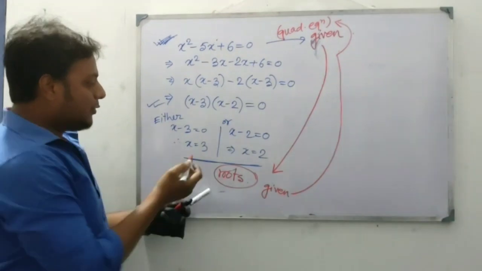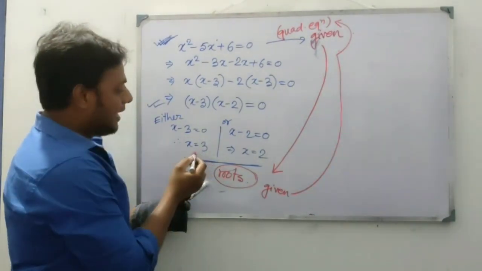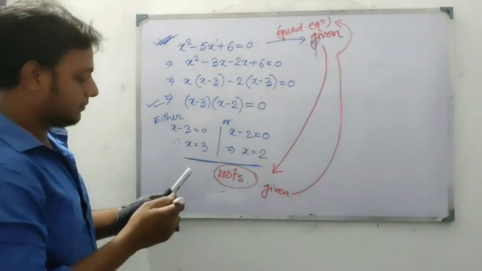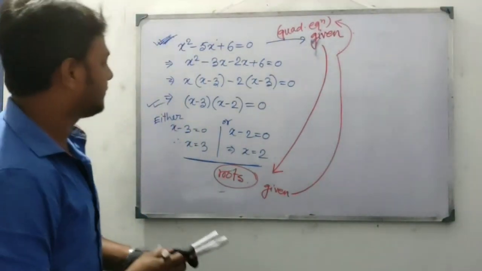How? Suppose the roots are given, that x equals to 3. Suppose you hide the topmost part.